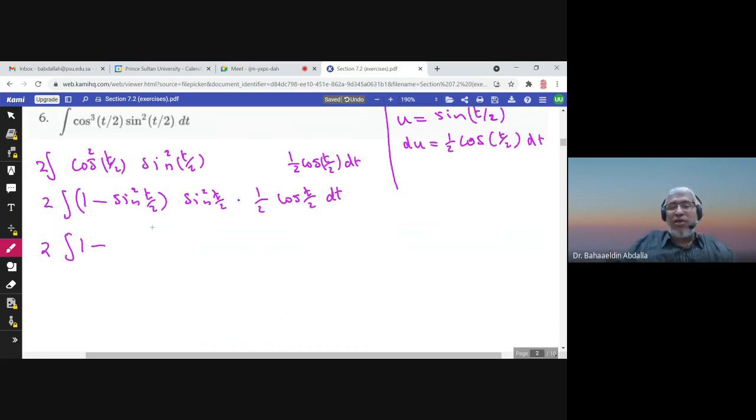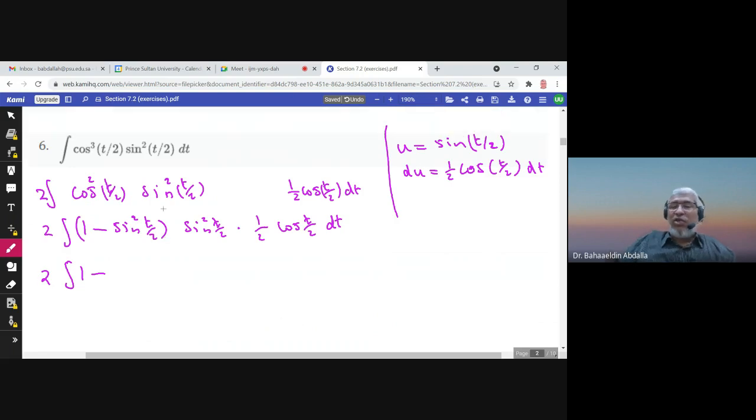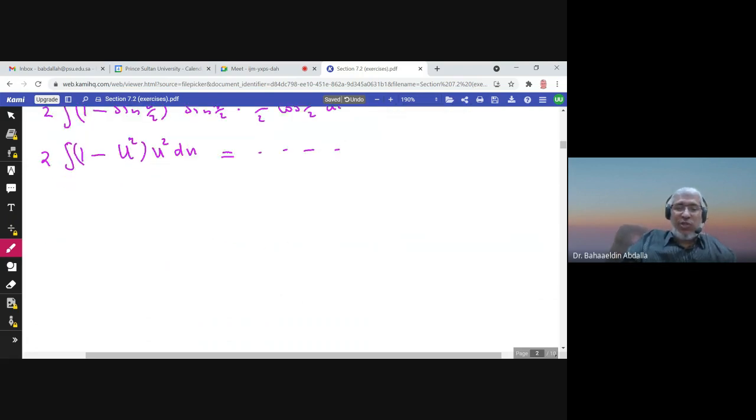So 1 minus sine square t over 2 is 1 minus u square. Sine t over 2 is u, so this is again u square, and this is just du. And I believe you can continue now like we did in the previous two questions.